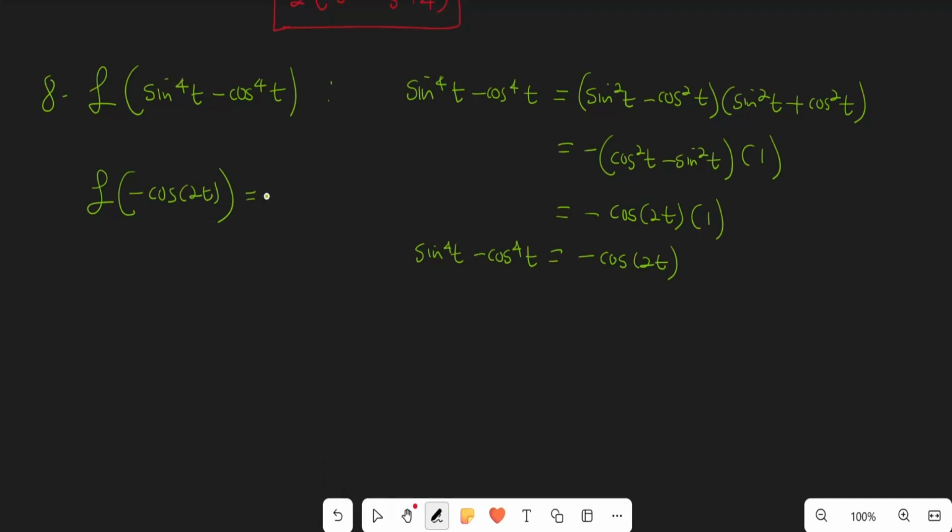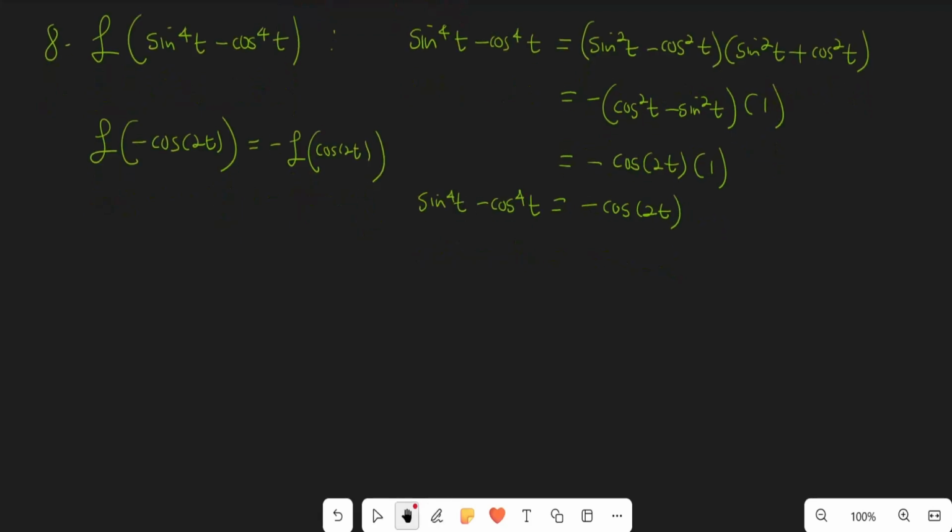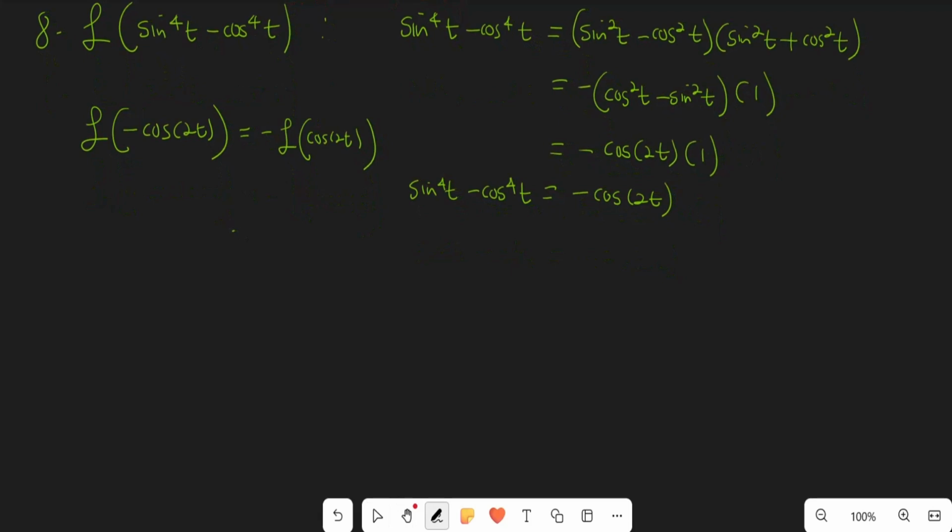And this one is equal to negative out the Laplace transform of the cosine of 2t. So that means that we are going to have negative into the Laplace transform of the cosine of 2t. What is it? The Laplace transform of the cosine of at is s divided by s squared plus a squared. So this one is going to be s divided by s squared plus a squared. A in this case is 2, so that's 2 squared.